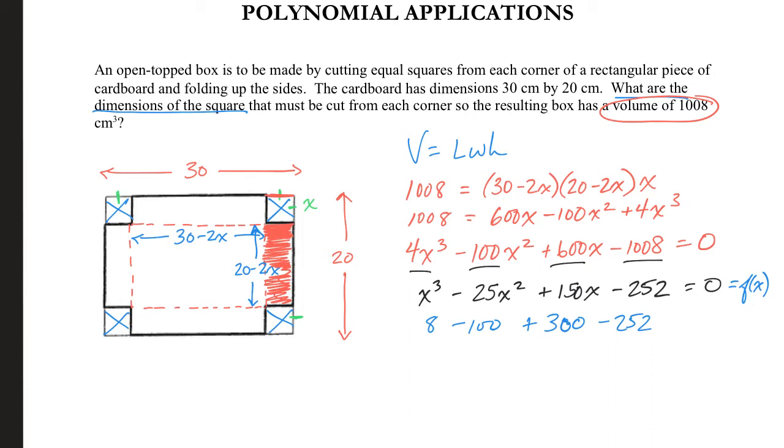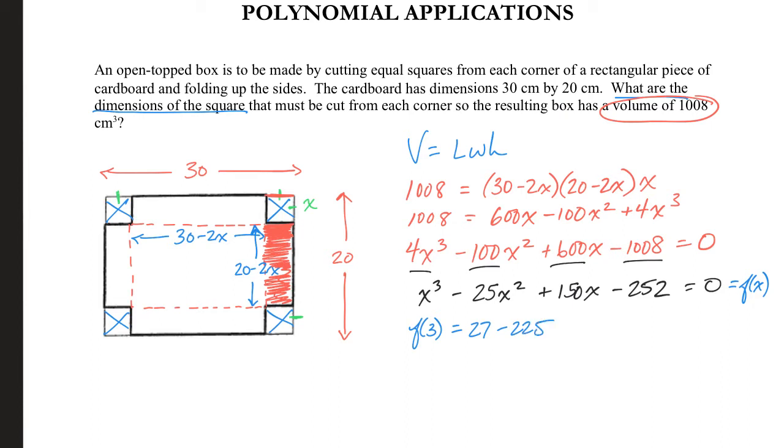So now maybe I'm jumping in and trying something. Maybe I get up to my 3. And if I do my substitution of 3, then if I cube my 3, I'm going to square my 3, which gives me 9. 9 times 25 is 225.